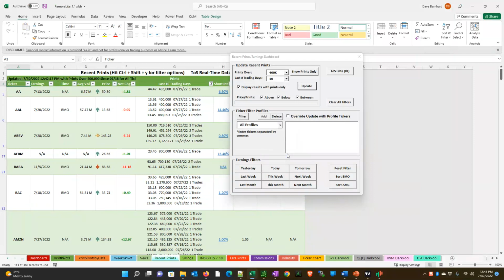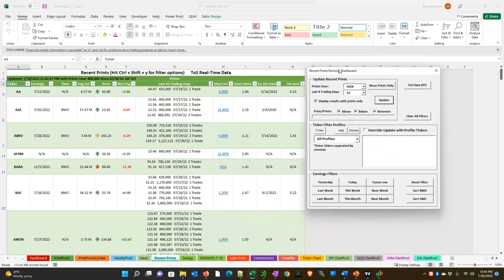You asked about a chart, and only the dark pool tabs have charts, and then the ticker chart, which I'll show you later. So if you've sorted it and the chart doesn't look right, just sort it by date again, and it'll be okay. There's no problem with it. We're going to look at that as well.